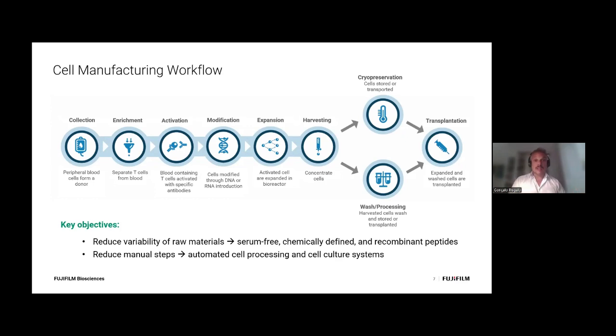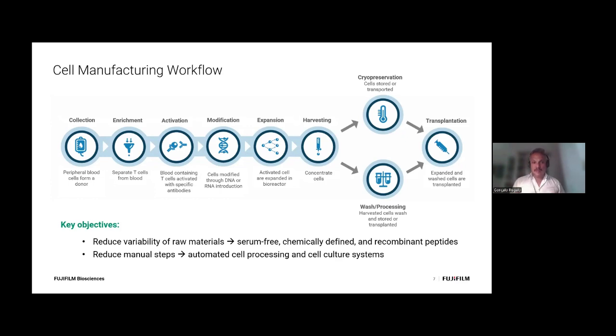One can actually expand T cells, activate them out of a mix of PBMCs, for instance, but that will definitely add different elements there that are much harder to control, particularly in an autologous setting. So enriching with magnetic beads, starting with a more defined cellular population, is, for instance, a strategy. Cell expansion, taking the cells up to a certain level, harvesting, formulation, fill and finish is extremely important.